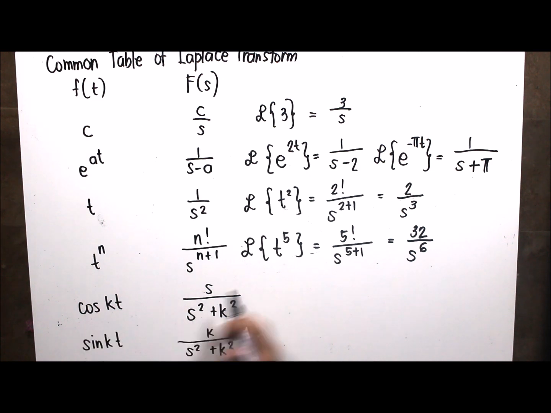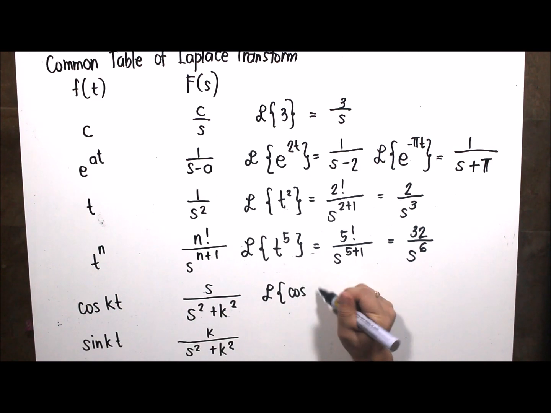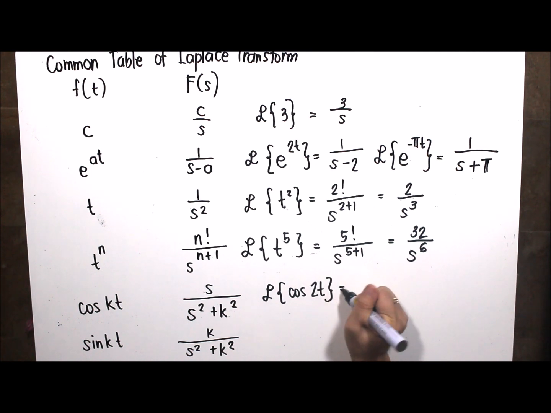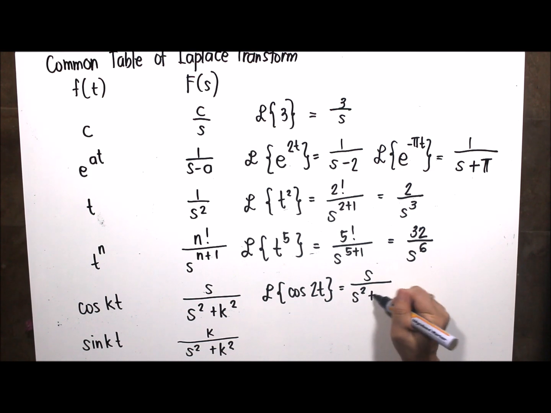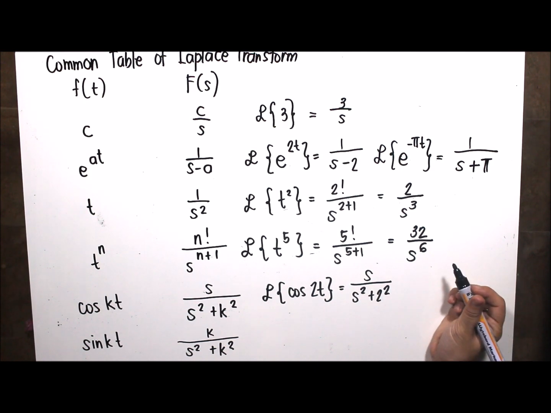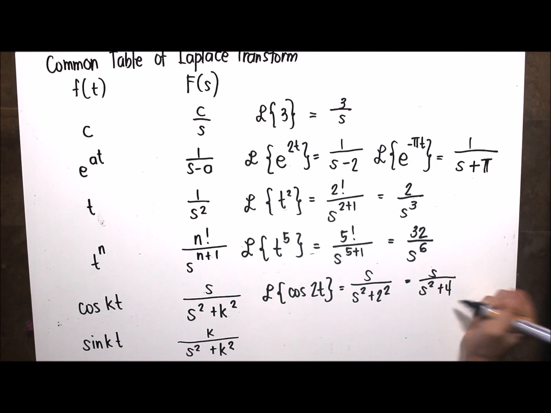If we have the Laplace transform of cosine 2t, now it would be s over s squared plus 2 squared. So we'll have s all over s squared plus 4.